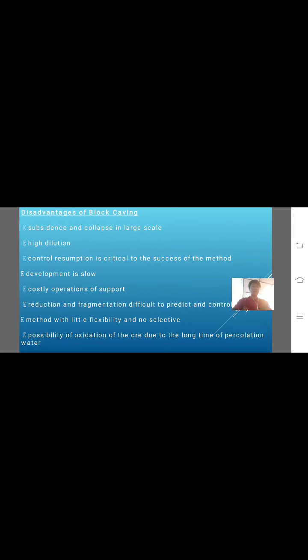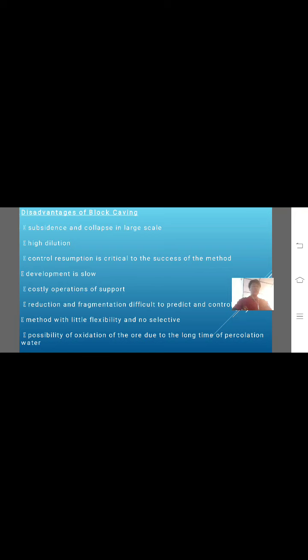The disadvantages of the block caving method, the limitations, are subsidence and collapse. Subsidence happens on a large scale, there is high dilution, and control of the draw is critical to the success of the method.